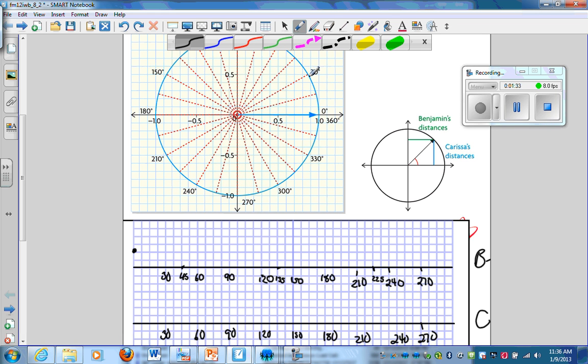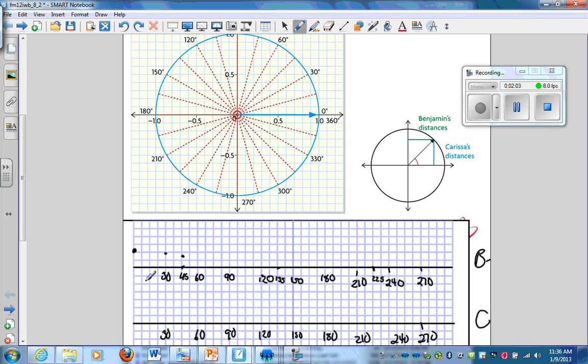Then when we go to 30 degrees, how far is that x? Well, it's 1, 2, 3, 4, 5, 6, 7, 8, just about 0.9. So at 30, we're just a little bit below. Now, we're going to kind of cheat and go to 45. 45 here is 1, 2, 3, 4, 5, 6, 7. 0.7 is a little more than 0.5.